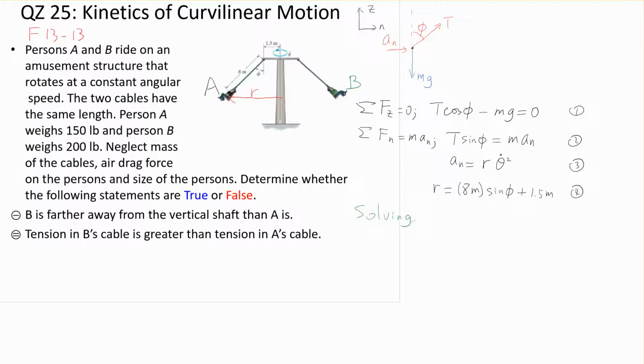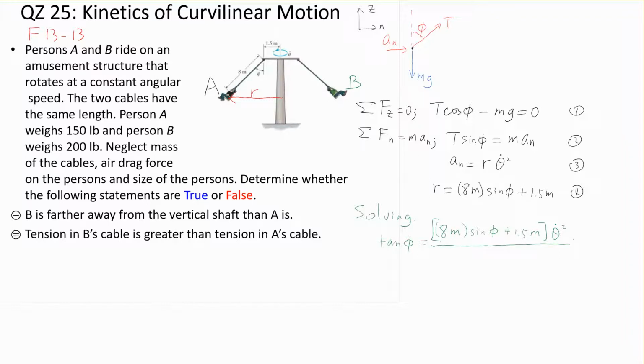Solving the equations, I'm not going to show the specific details, we get tangent phi will be equal to 8 meters sine phi plus 1.5 meters, that's the radius, times angular speed theta dot squared. That is the centripetal acceleration, a sub n.